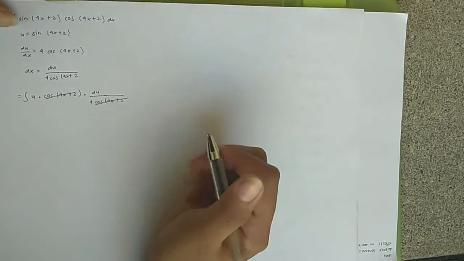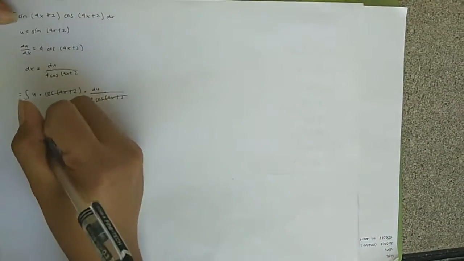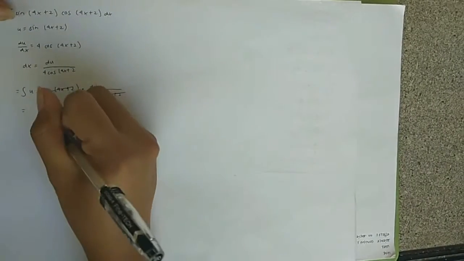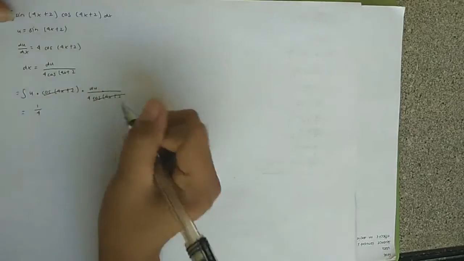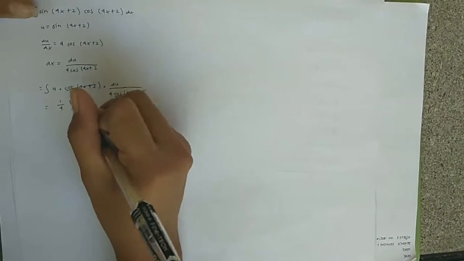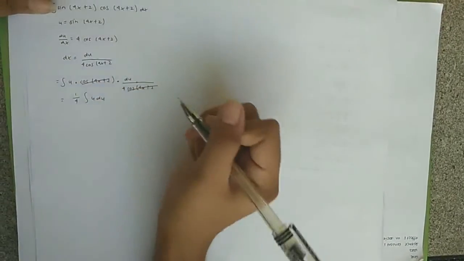Cancel the same expressions. Then we're going to put the 1/4 outside. Then integral of u times du.